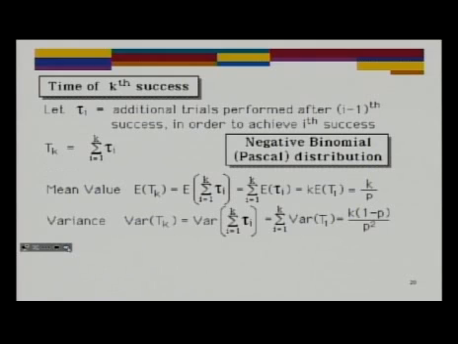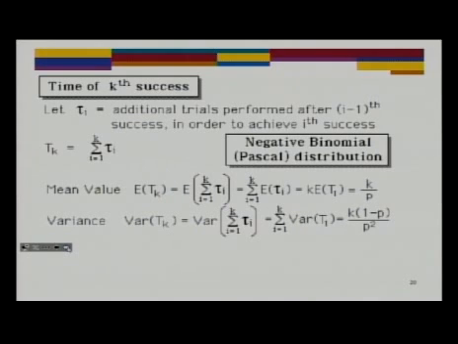Okay, now we are going to talk about the negative binomial distribution, or someone says the same terminology, Pascal distribution. Have you guys heard about this distribution? Okay. So as an extension of the geometric distribution, we could think of the time of the kth success.